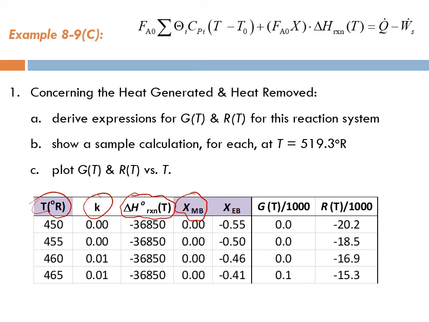And from XMB you can calculate, of course, the value of GT. And then, as we just showed, it's also easy to calculate RT. Now we can drag everything and we can plot.